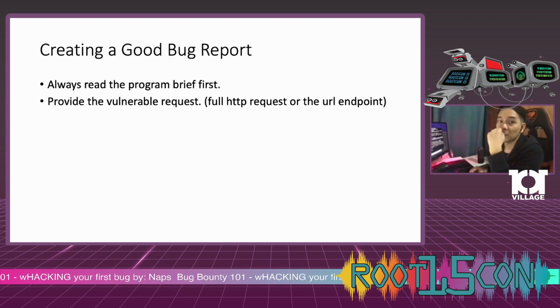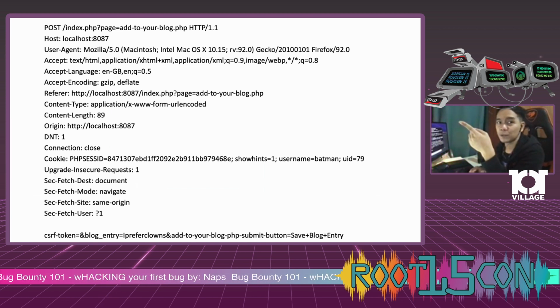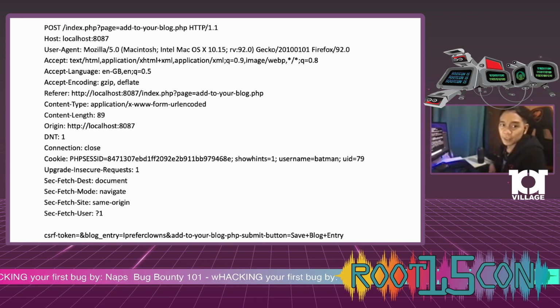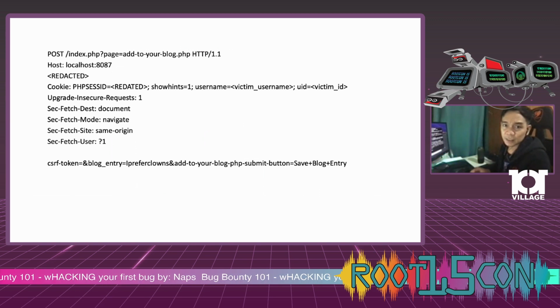so our second pointer is to provide the vulnerable request, or the full HTTP request, or the URL endpoint. So for the HTTP request or HTTP dump, this is the full HTTP request from the previous slides on our horizontal IDOR. What you need to do is copy the request and, if you want, you could redact some data that is not necessary, just to make it smaller and easier to read.